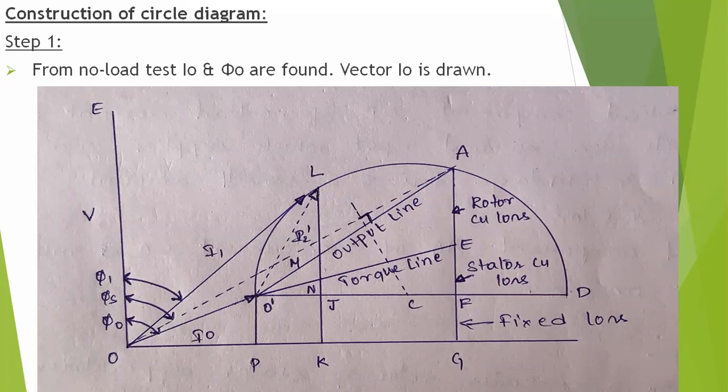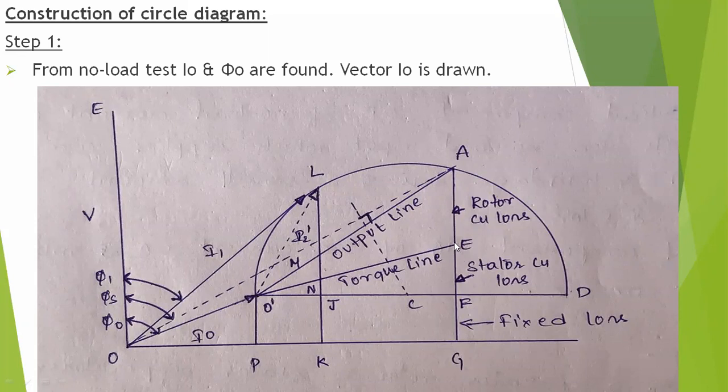The main aim of separating rotor and stator copper loss is that we have to draw the torque line. For drawing the torque line, point E should be known. We have to locate point E on the AF line.